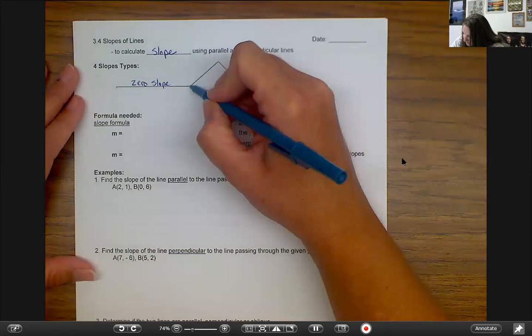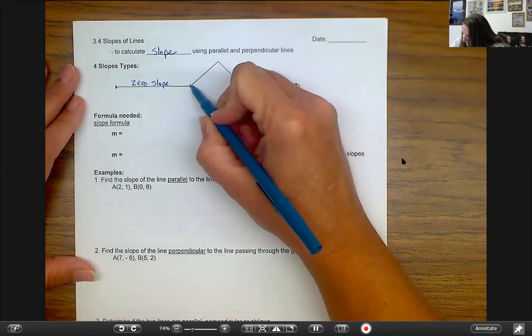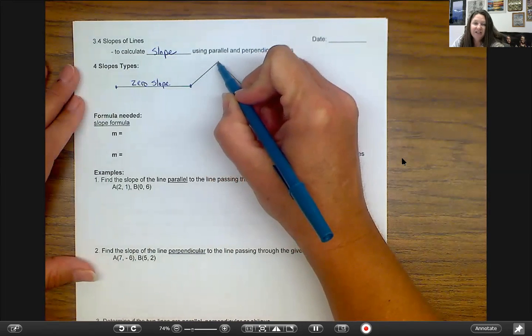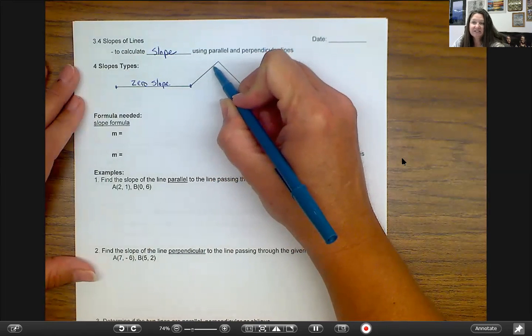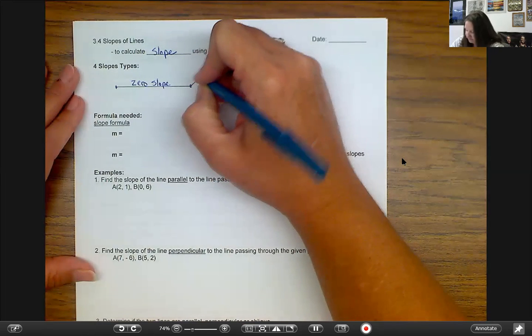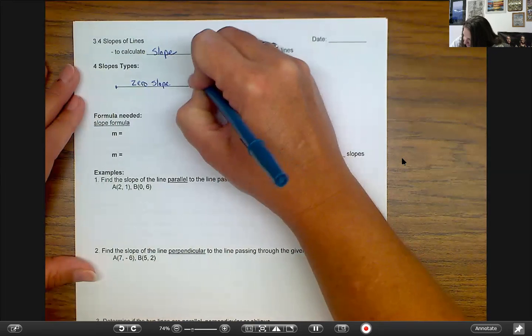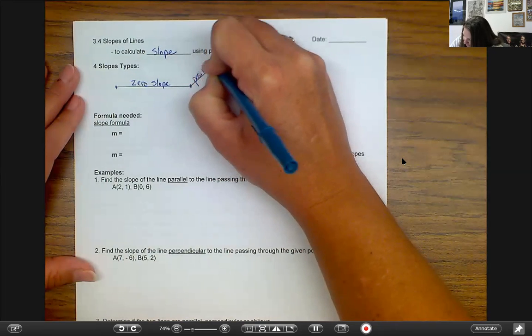Now, once we get to this point, on this little graph, as I move to the right, this line is continually moving upward, or it's slanted upward. It's moving in a positive direction on our graph, so this is going to be a positive slope.